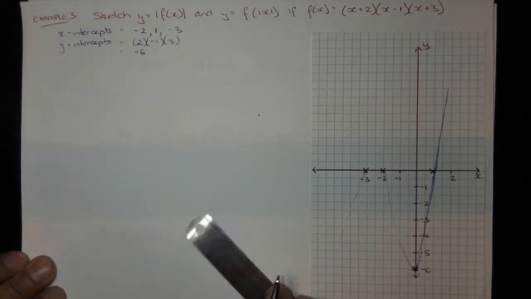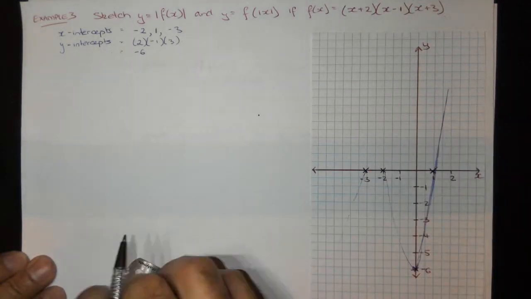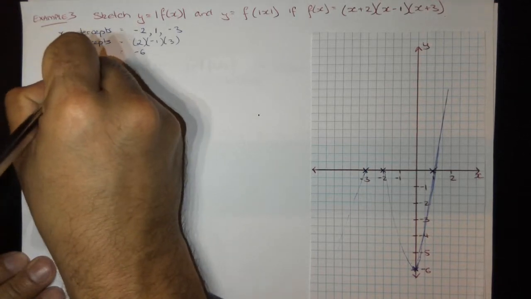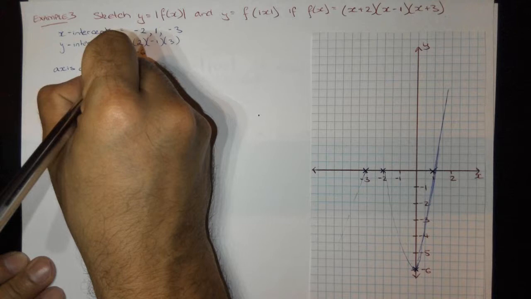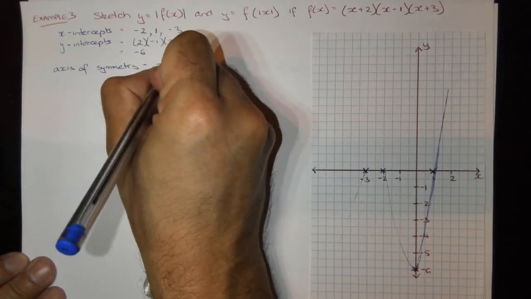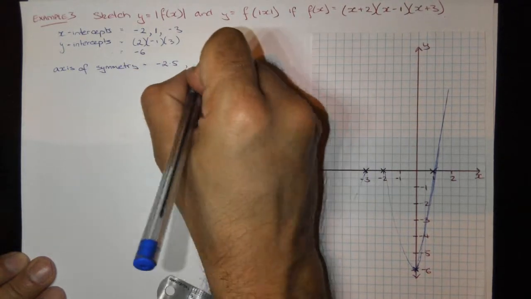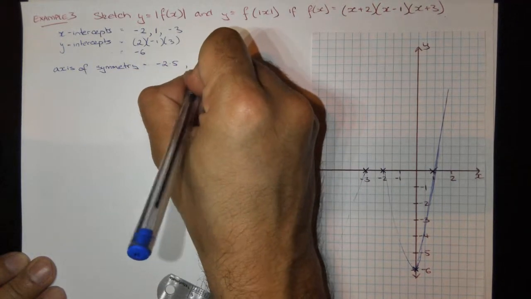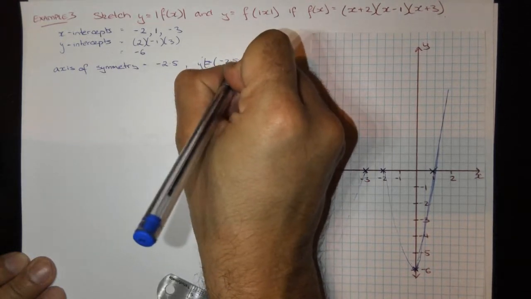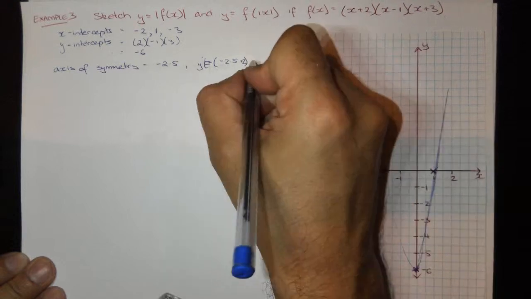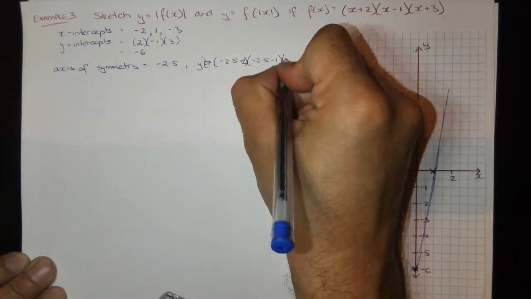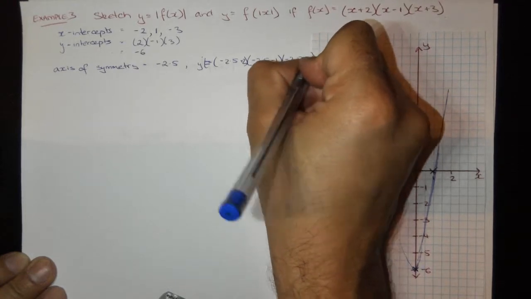So obviously it's going to be a turning point, so the axis of symmetry at that point is obviously minus 2.5. So if we plug this in, y would equal minus 2.5 plus 2, minus 2.5 minus 1, minus 2.5 plus 3.